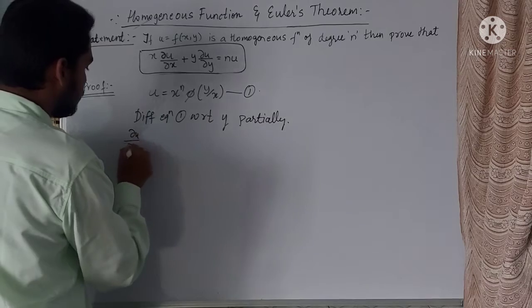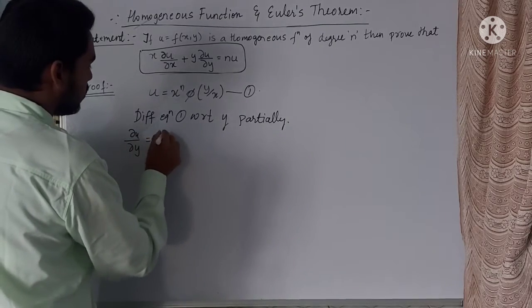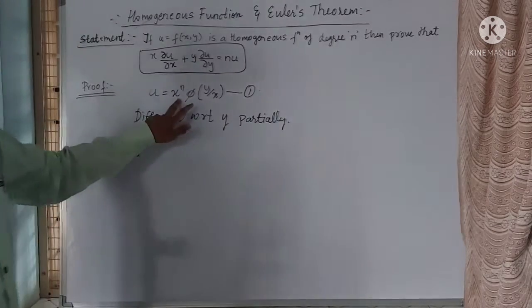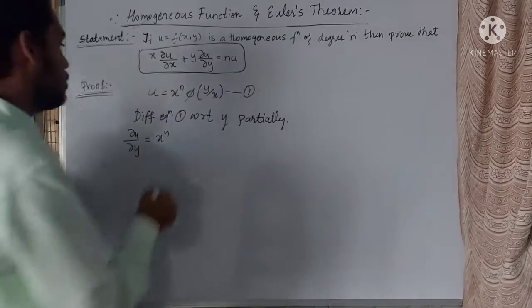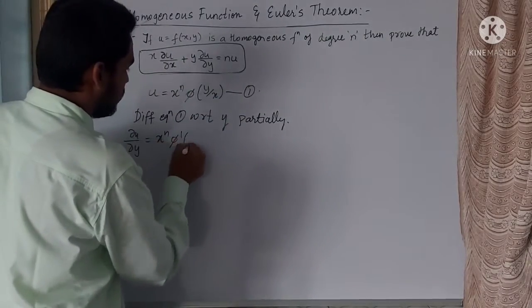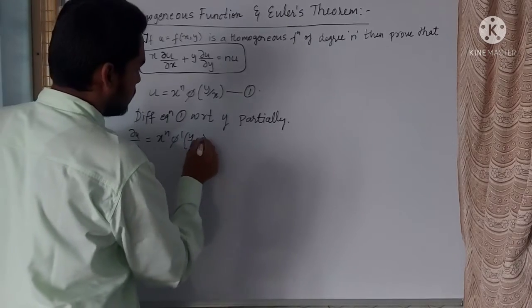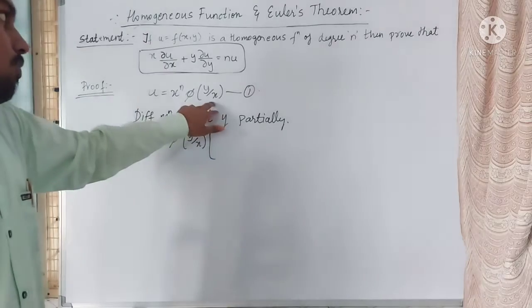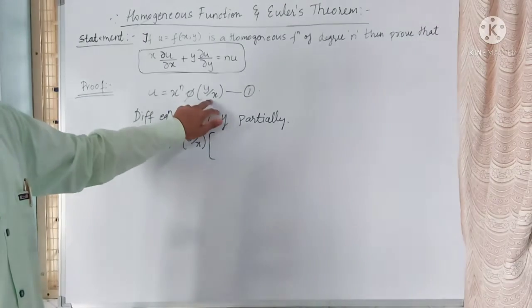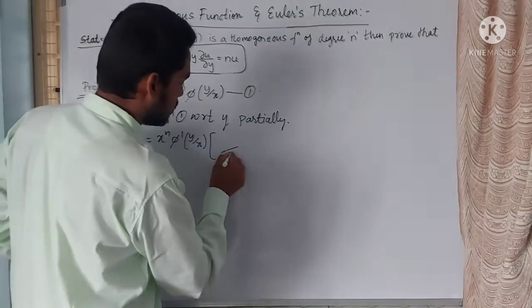Dou u by dou y equals x raised to n. Since there is no y term here, this is going to be a constant. Only this term we are going to differentiate. So it is going to be phi dash y by x, times the internal differentiation of this function. If we differentiate with respect to y, then x will be a constant.